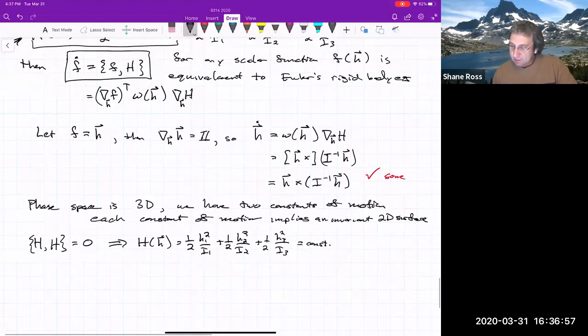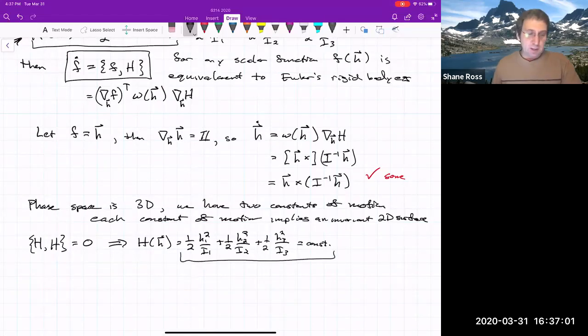And this formula, this thing equal to a constant, is the formula for an ellipsoid. So in the space H1, H2, H3, this defines an ellipsoid.